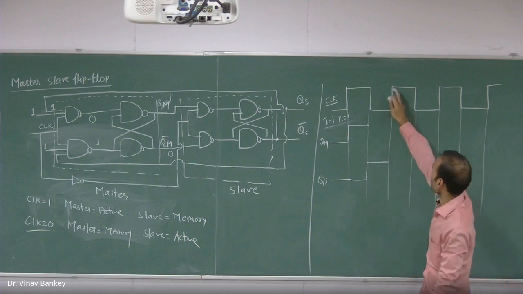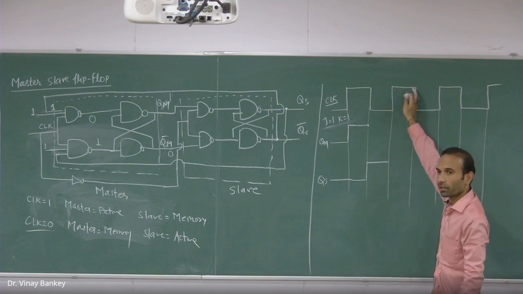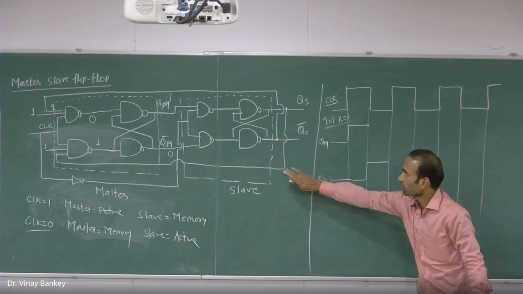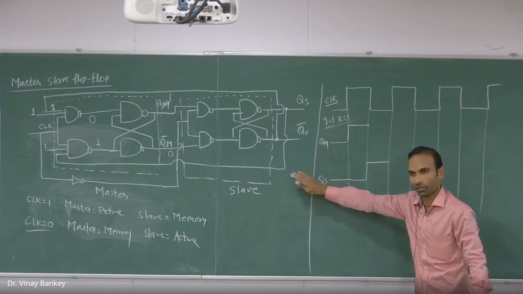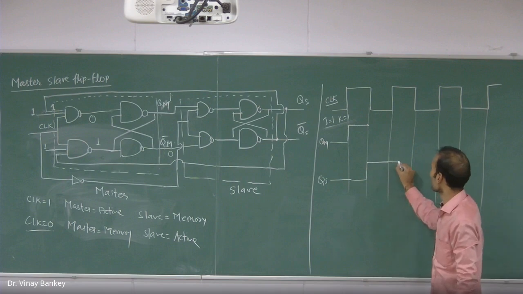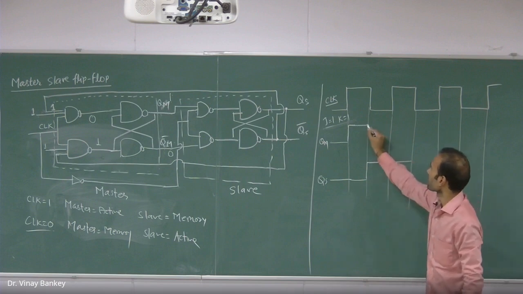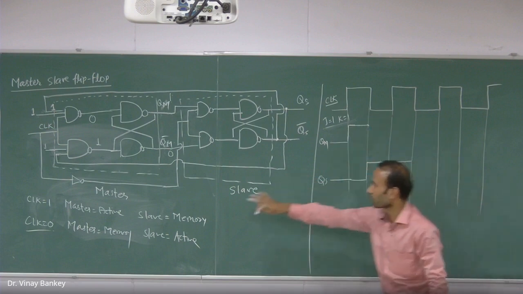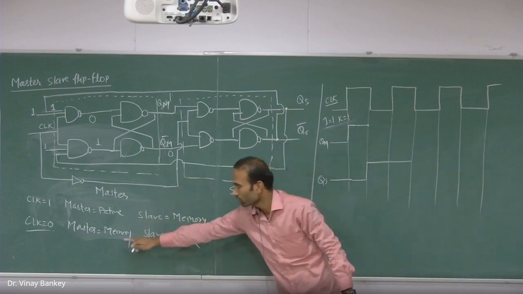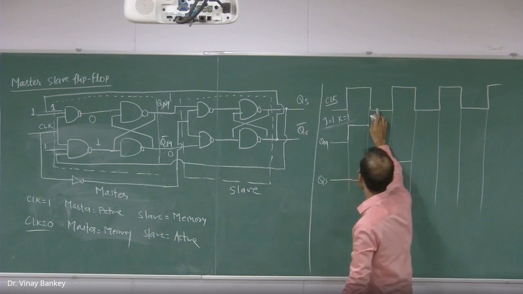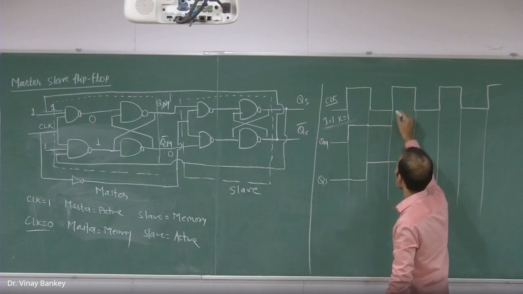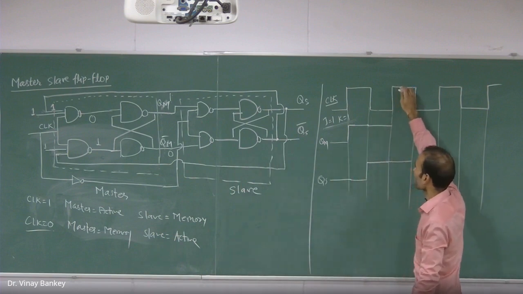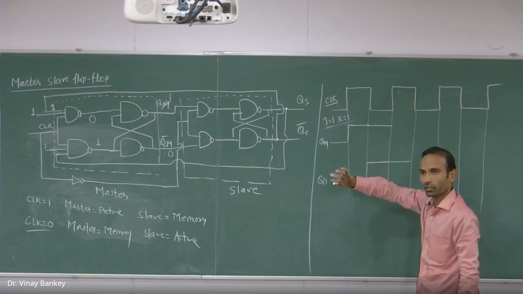Now the moment you have a high clock pulse, this circuit will become inactive, means it will go in the memory state. Okay, so it will continue. However, for the low level, this circuit was in memory state. The moment it sees the high in the clock pulse, it will change accordingly.